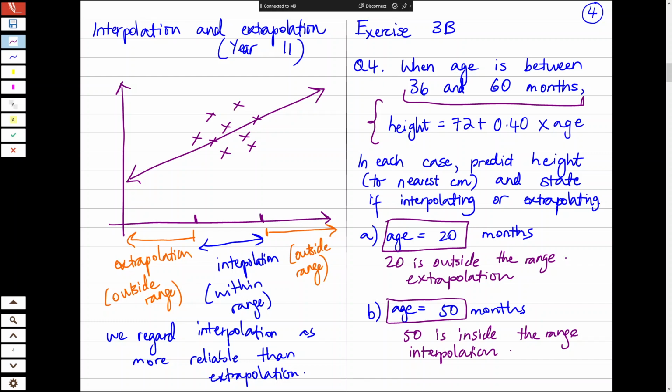Keep going, Anthony. What do you want to do? So you're going to change this to 50. That's it.